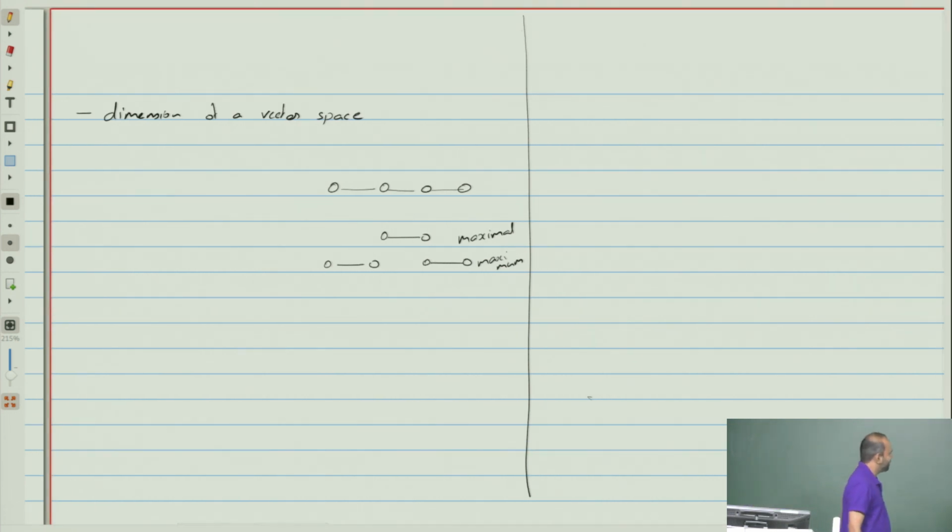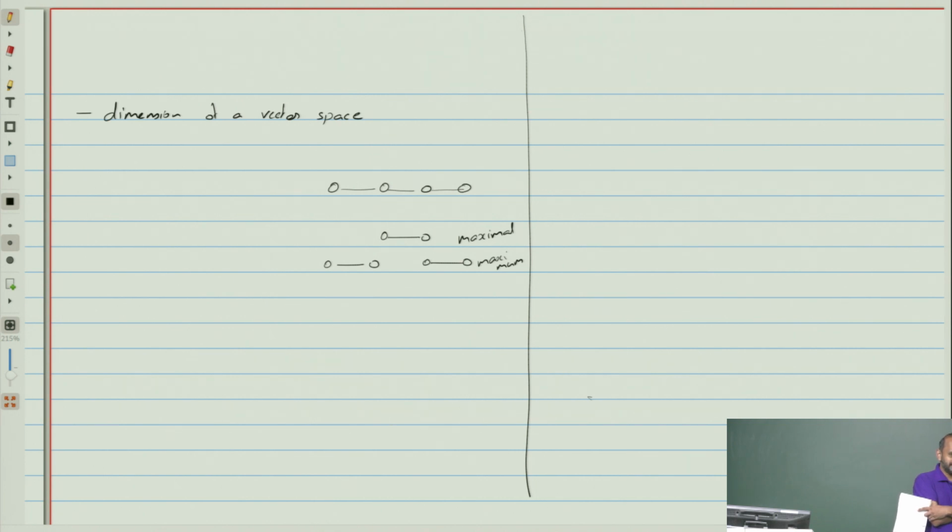But in vector spaces, a maximum sized linearly independent set is already a maximal one. And also, any maximal linearly independent set is a maximum sized linearly independent set. Why?